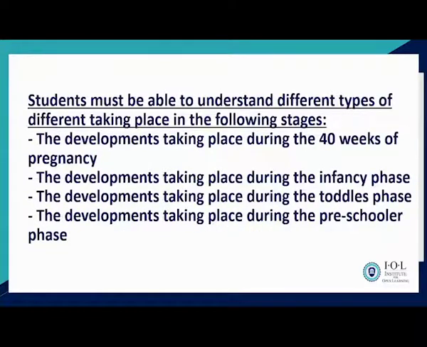So students must also be able to understand the different stages of development. We have the stage of development taking place in 40 weeks. What happens during the 40 weeks period of pregnancy? What also happens when you give birth, after the 40 weeks? What happens in the infant stage, and what also happens during the toddler stage and preschooler phase?